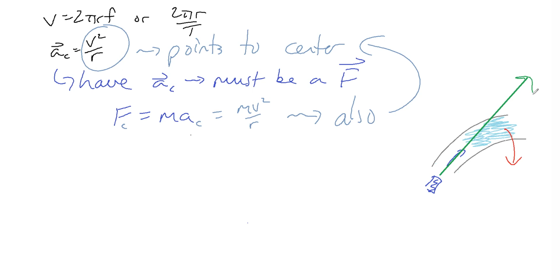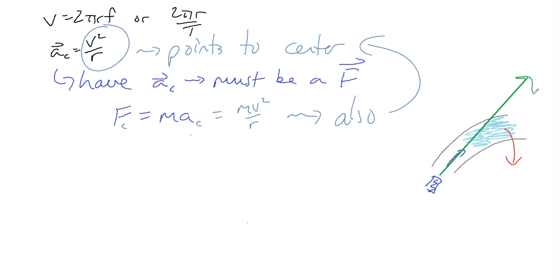So no matter what, the acceleration and the force are actually pointing to the center of the circle. And if you ever thought about whipping something around, you are pulling towards yourself as the thing is going around. Now, of course, you feel it pulling out against you, which is actually Newton's third law.